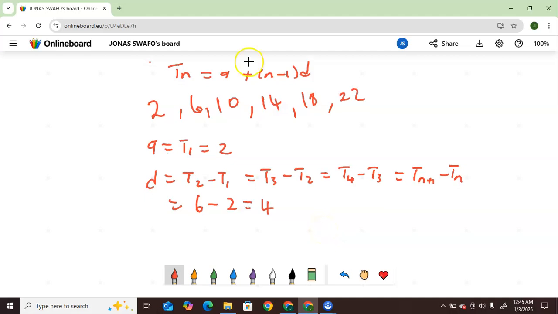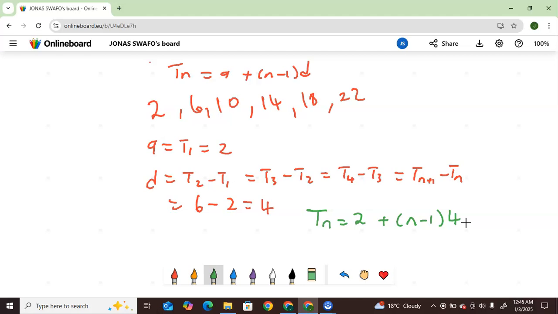So if we are to write our general formula, let me change a pen, put in a green. Our general formula for this particular sequence would be Tn equals our A. Remember, what is our A? Our A is 2 plus n minus 1 multiplied by the D, which is 4, right?